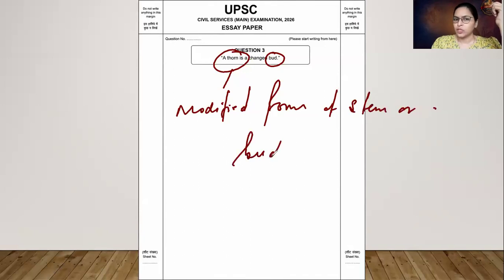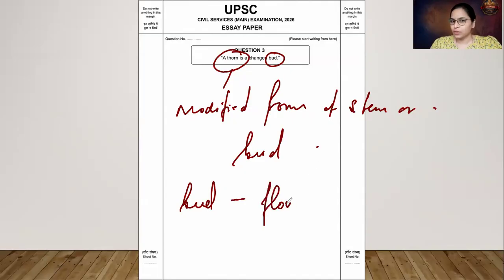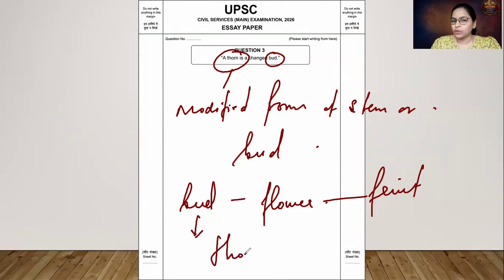So actually it was a bud, and this bud was supposed to get converted into a beautiful blooming flower, and probably that flower would get converted into a fruit. But because of the environmental circumstances, because of the temperature, environment, water factor, this bud got converted into a thorn, a defense mechanism.